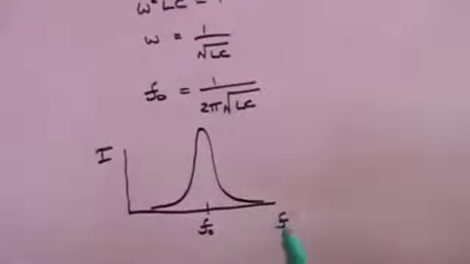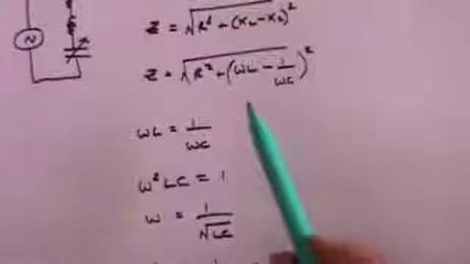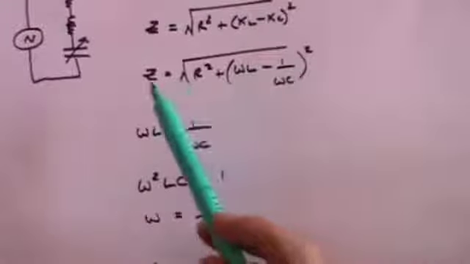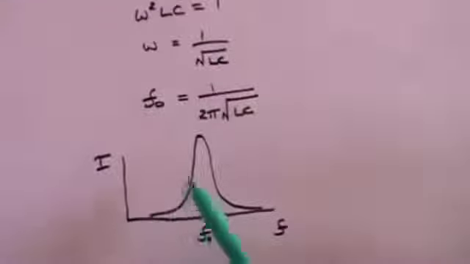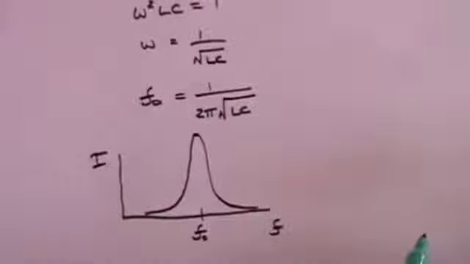Your radio is picking up all sorts of frequencies, but only at the frequency where the current is maximized because you have achieved a minimum Z by making this term equal to 0. It is the current for that frequency which is maximized, and that's why you can hear that station on your radio. All the other frequencies are down at minimal levels, so you don't get to hear them.